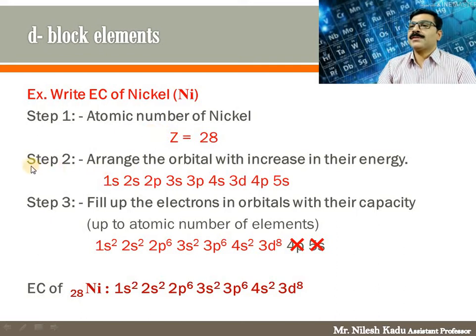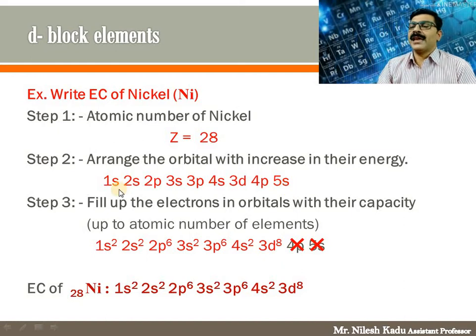Now in the second step, you have to arrange the orbitals with increase in their energy. Here 1s has lower energy, then 2s, then 2p, then 3s, 3p, 4s, 3d, 4p, 5s. In this way we can arrange the orbitals with increase in their energy.